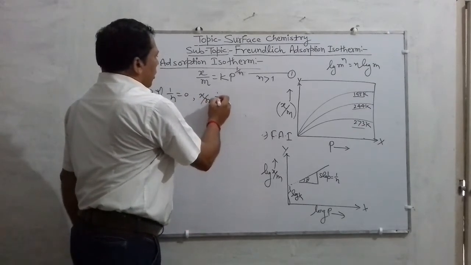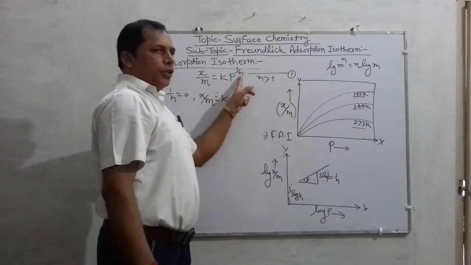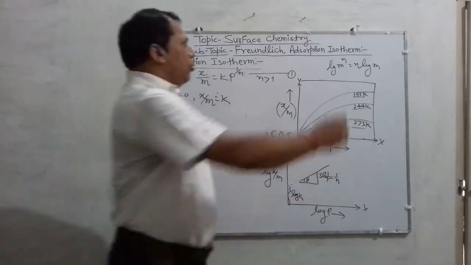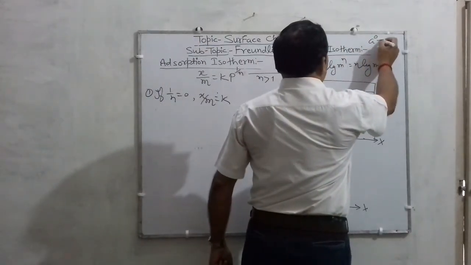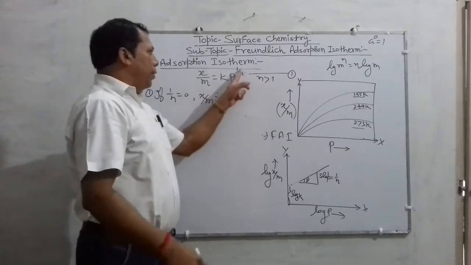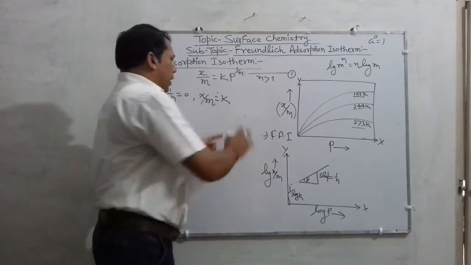Then no doubt x by m will be k, because p to the power 1 by n is p to the power 0, and the value of p to the power 0 is 1. As you know, in mathematics a to the power 0 is 1. Similarly p to the power 1 by n, so 1 by n is 0, so x by m is k.